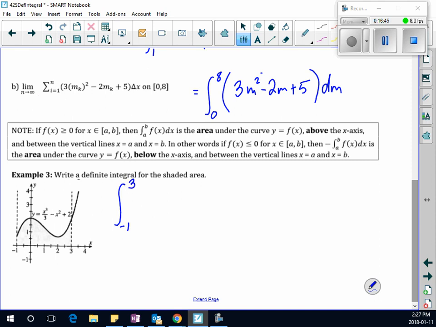Yes? And our function is x cubed divided by 3 minus x squared plus 2, and we have to indicate the variable we're integrating, in this case x, so it would be dx. Pretty easy, right?